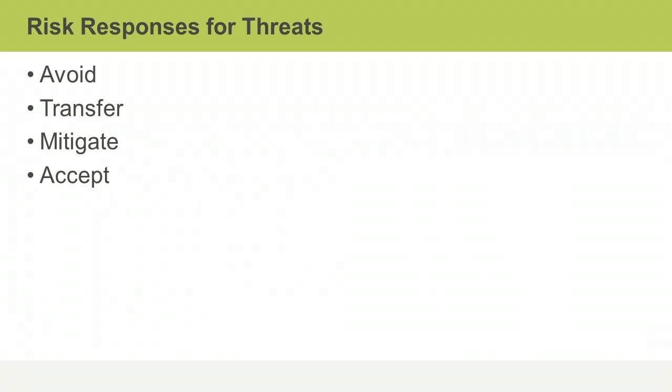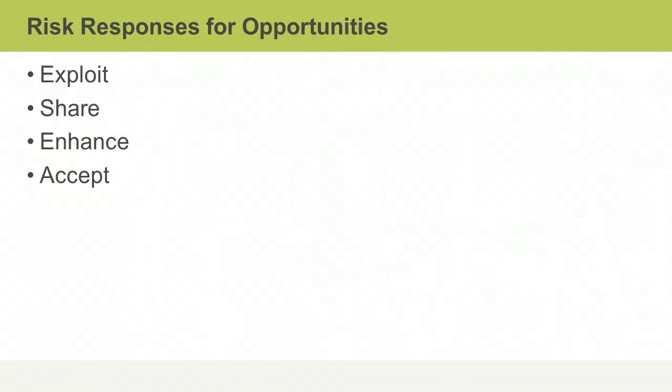In projects, it's not only negative risks or threats that require planned responses. It can be just as important to plan how to respond to positive risks or opportunities. There are 4 main types of strategies for responding to positive risks.